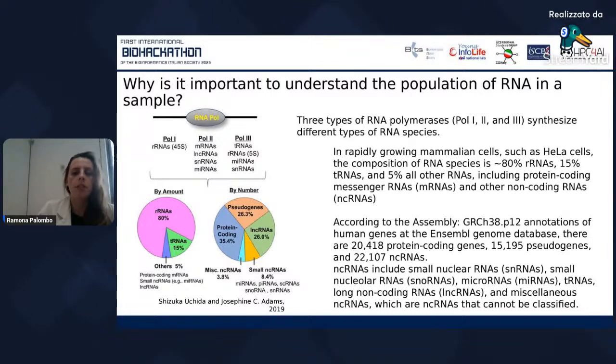But according to the assembly that is not the last one, but one of the last, so this that I wrote on the slide, the human genes that we can find are a very high number, so we can have 20,000 protein coding genes. So the number of regions on the DNA that could be transcribed and then translated are very high.